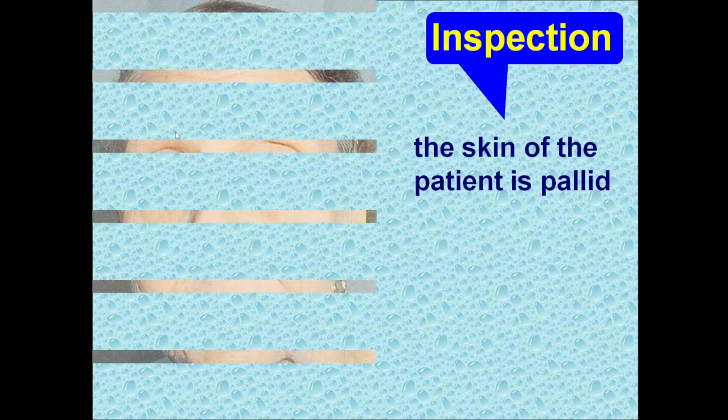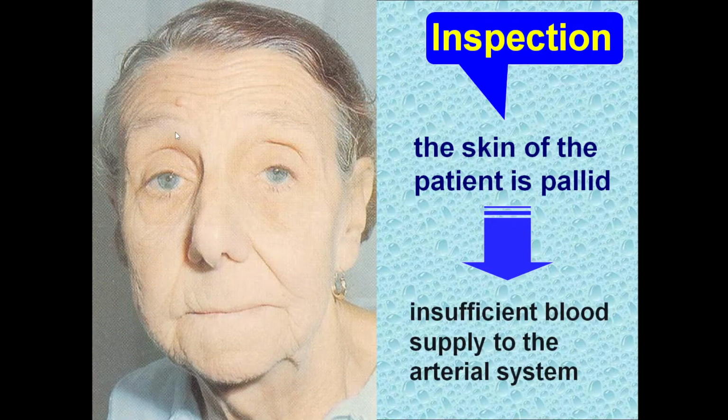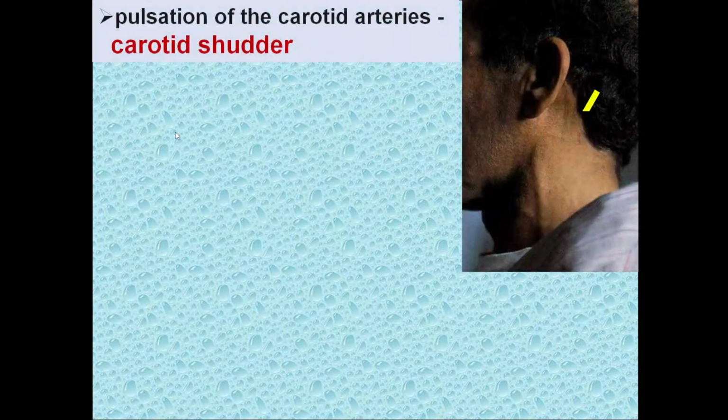On inspection, again, white heart defect, pale skin of the patient due to insufficient blood supply to the arterial system. We can see specific signs which are characteristic only for aortic heart defect. This is a heart defect which is very rich with visible signs.